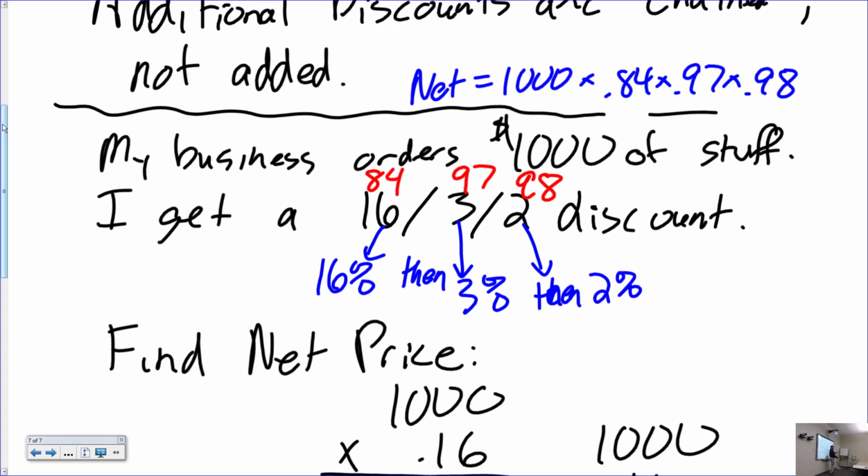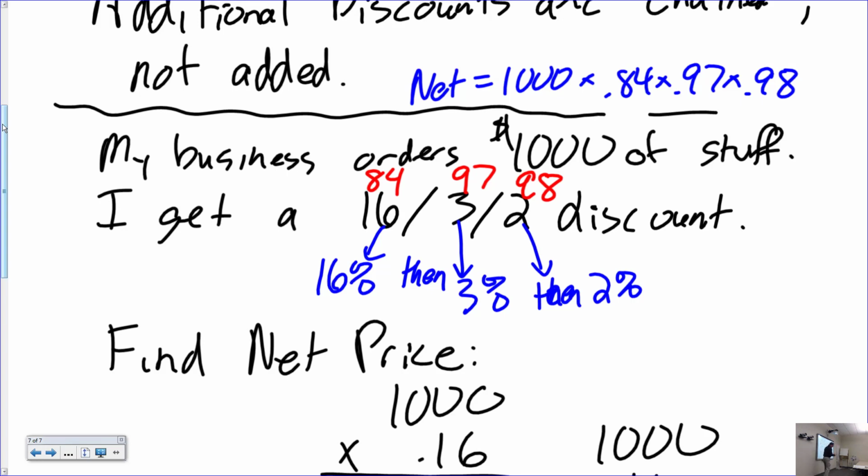Because to get the answer, all you're really doing is multiplying four numbers. And does the order matter when you're multiplying numbers? Nope. So if you take a 50% off and then a 30% off, or a 30% off and then a 50% off, it's going to be the same thing, right? Now, it's not going to be 80, but it's close to it.